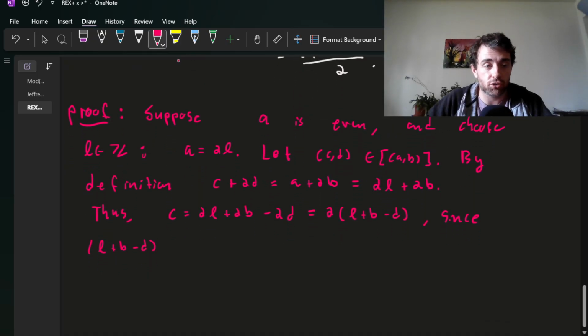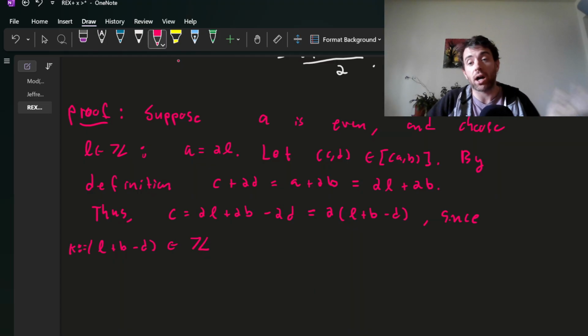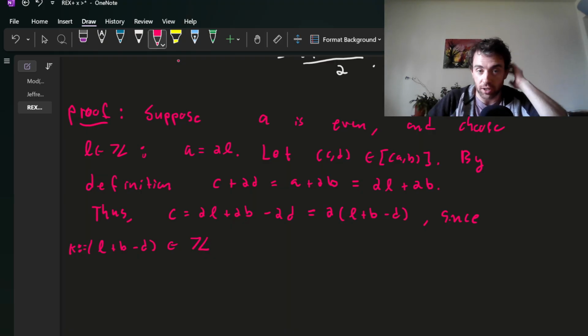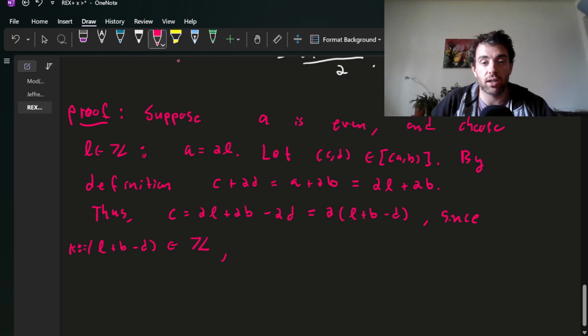Let's kill 2 birds with one stone and define k to be this integer. So I'm doing 2 things in this one line. I'm defining k to be this integer, and I'm reminding the reader that L plus B minus D is in fact an integer, so that I can say C is even.